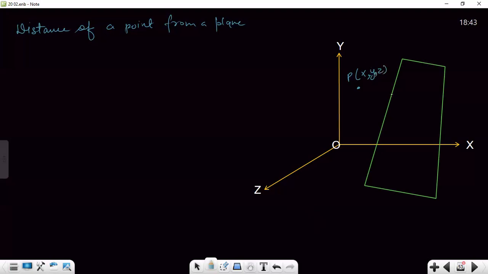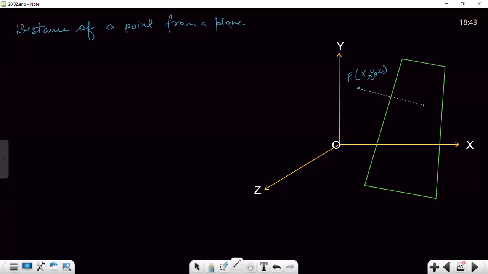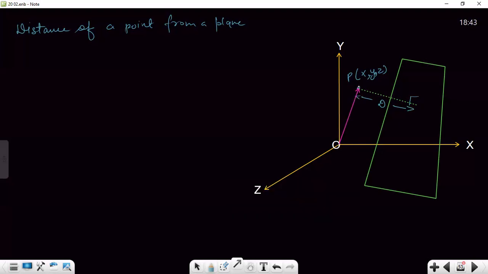If we have to find the distance between the plane and the point, we'll find the perpendicular distance. So the perpendicular will be somewhat here, I guess. Assume that this is the perpendicular. Let's call this distance d, and the position vector of point P as a vector.